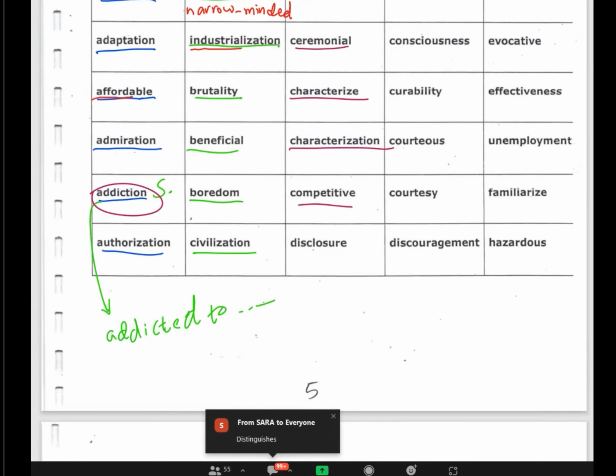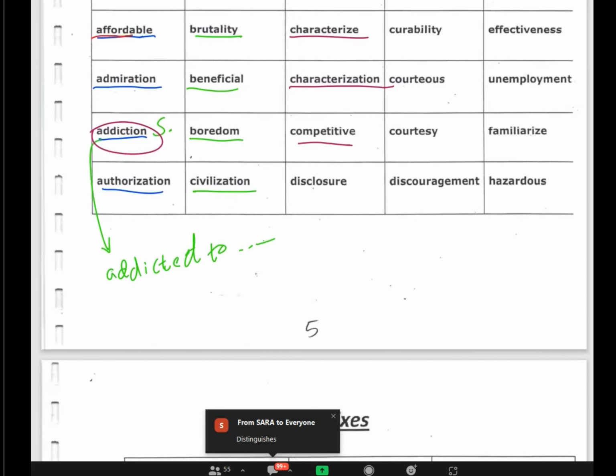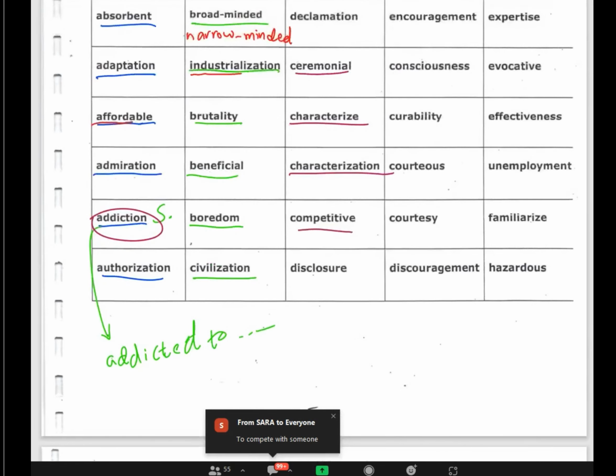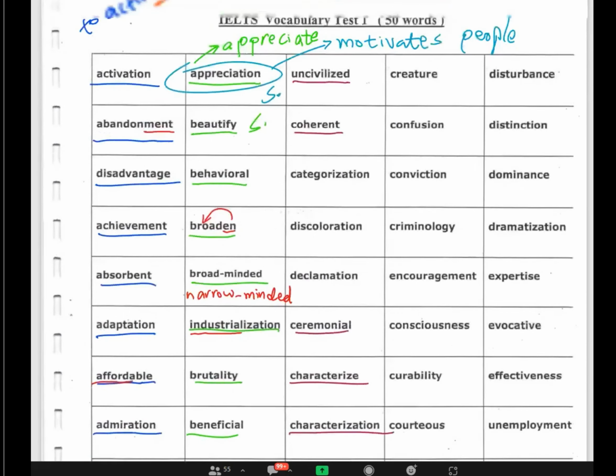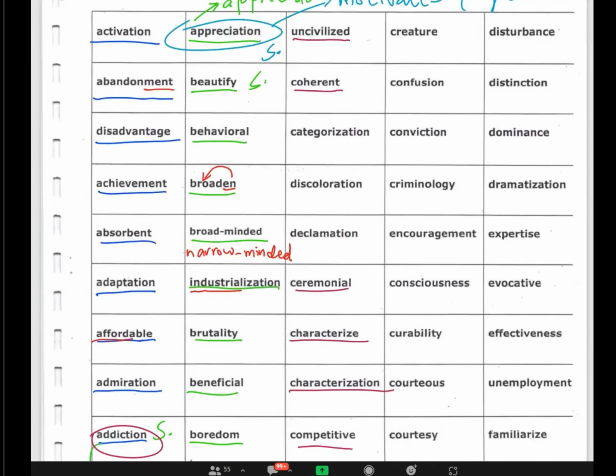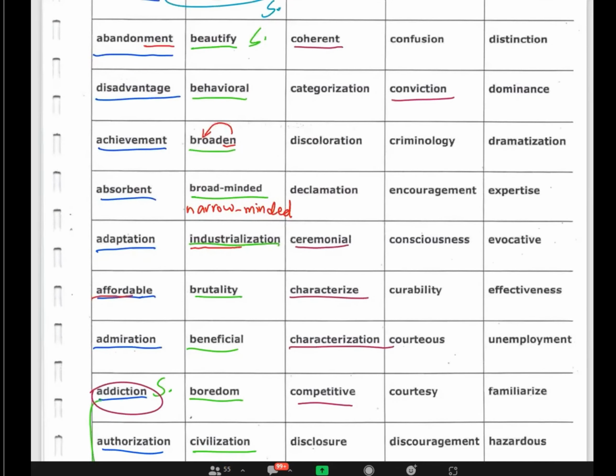Competitive. It is from to compete, from competition, to compete between two teams or two people.